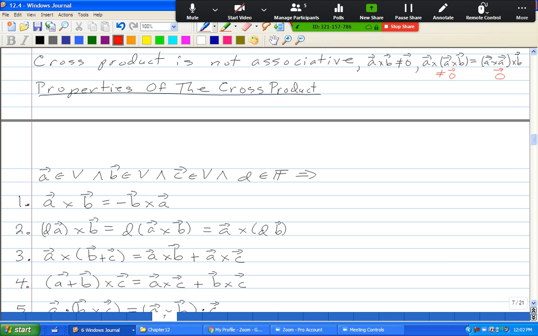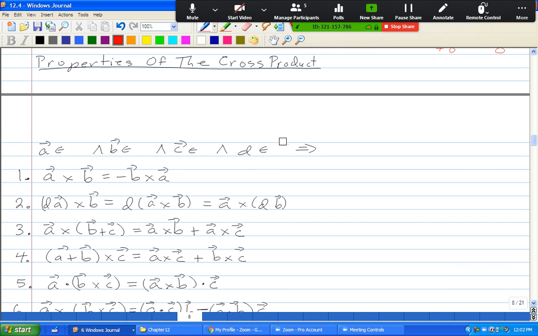So these are vectors in R3 in order for you to have a cross product. So let's just do R3. And maybe D is some real.